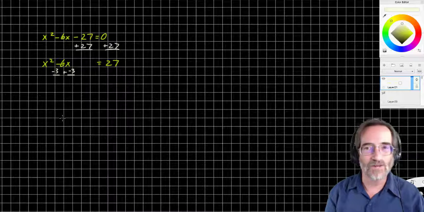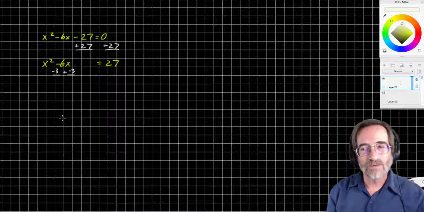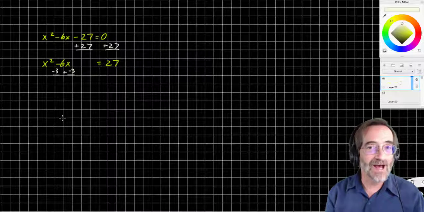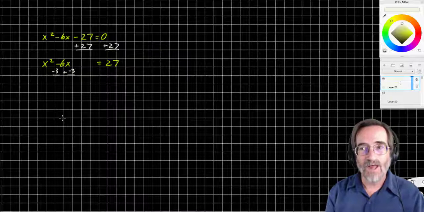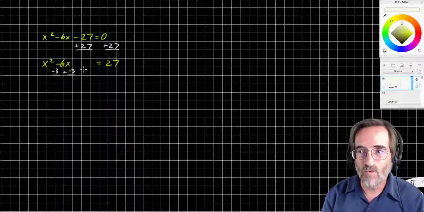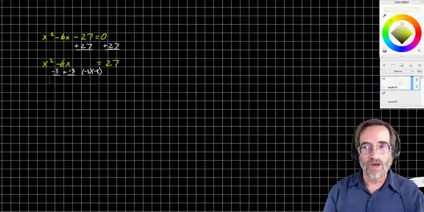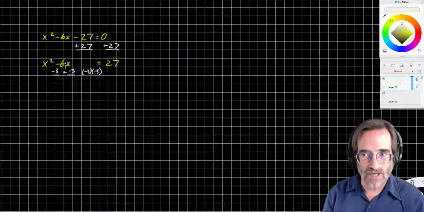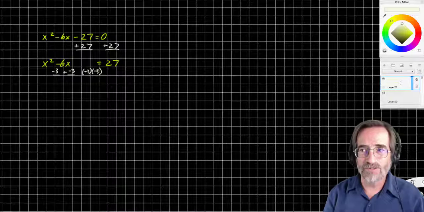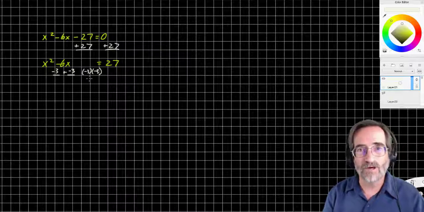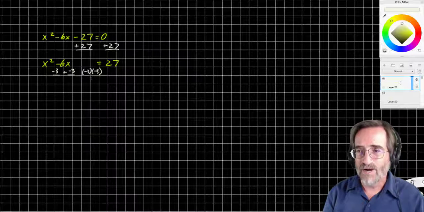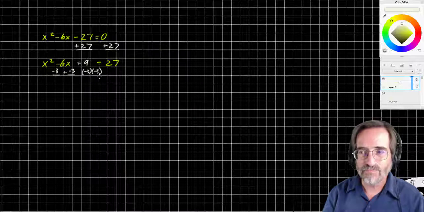Yep, that's exactly correct. But it makes a little bit more sense to think of it as a number that adds to itself, because the next step is to think of what number is the product of those two numbers. To get the third number, the number that I'm going to add to both sides, I multiply that number by itself. -3 times -3 is +9.